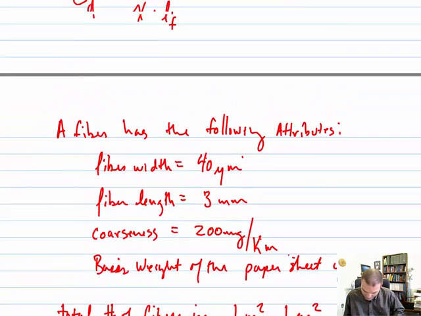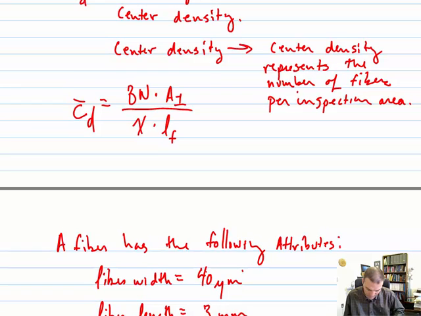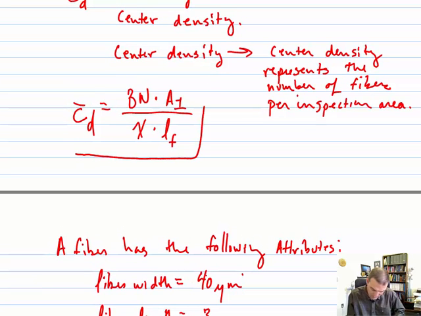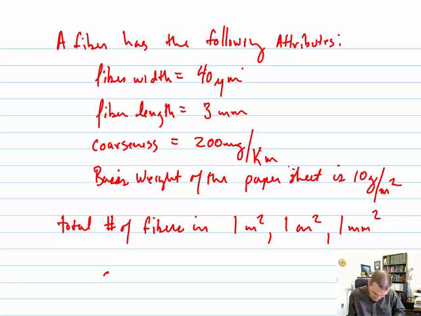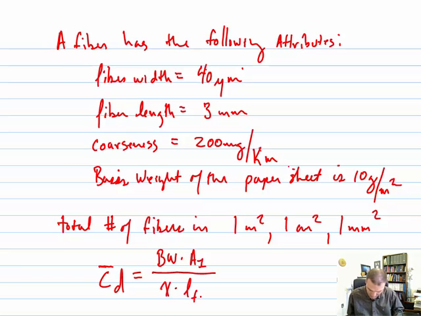Okay, hopefully you've taken a break and you've worked through this, and what you've used was this particular formula up here. So let's apply that formula. So we're going to say C sub D bar, and this is the total number of fibers, or the average number of fibers for that matter, in a given inspection area, and it's the basis weight times the area of inspection divided by the coarseness times the length of the fiber.